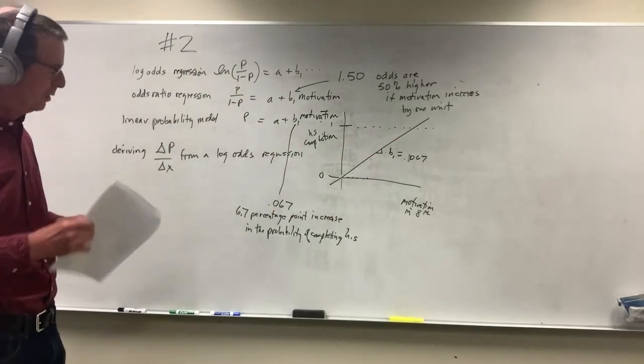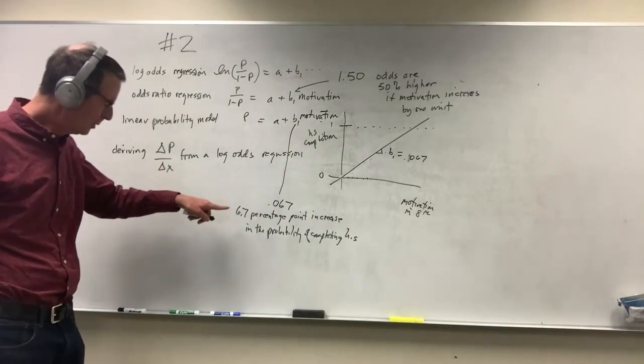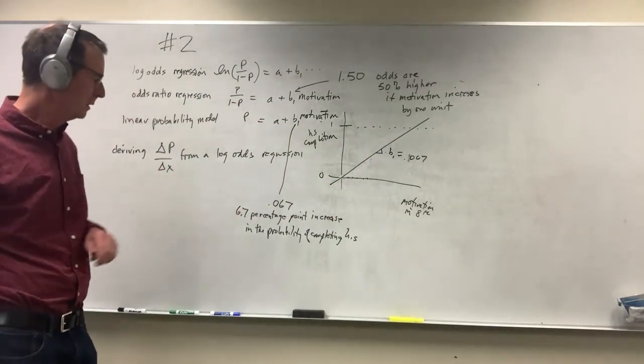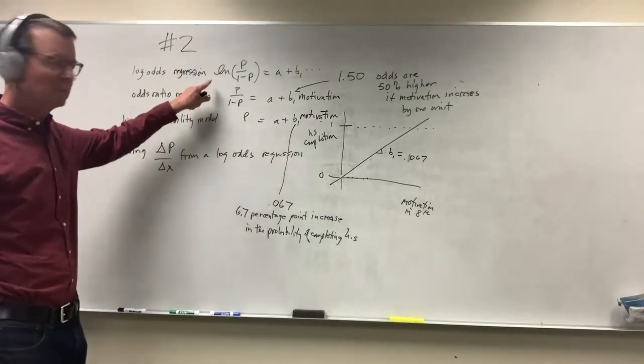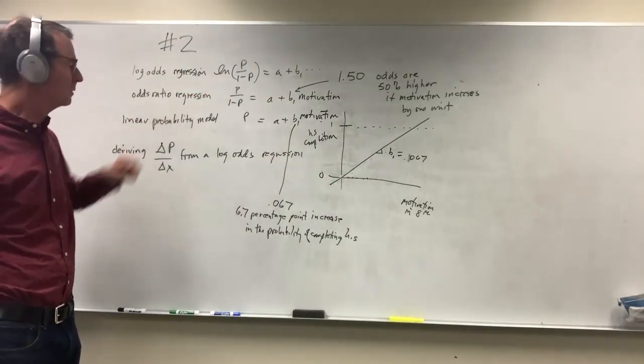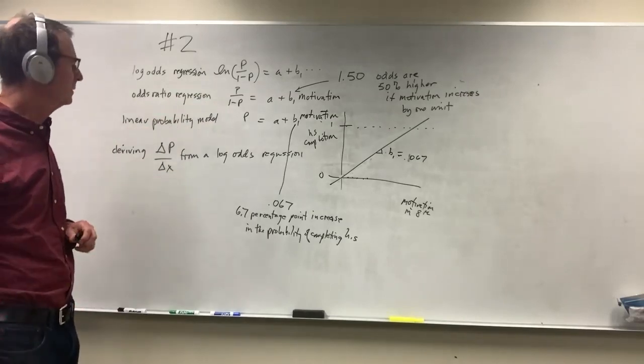And what I'd hoped to do in part B was to get a similar kind of percentage point interpretation off of the log function, the logistic function. And that was my 0.089.